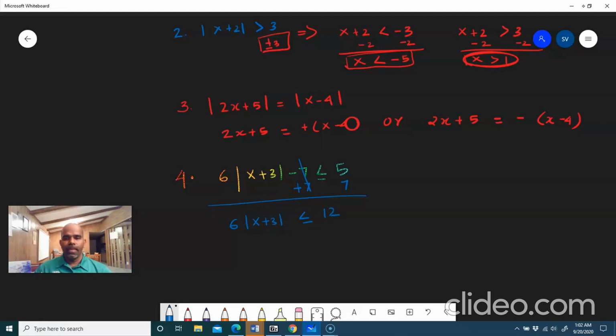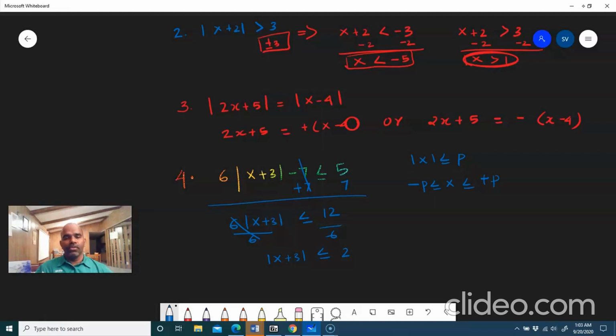which is 12. Eliminate 6 on both sides, it cancels out. The absolute value of x plus 3 is less than or equal to 12 divided by 6, which is 2. Case 2 theory says that the absolute value of x less than or equal to p means you can rewrite this as negative p less than or equal to x less than or equal to positive p.